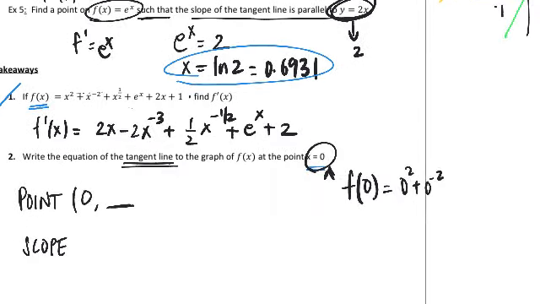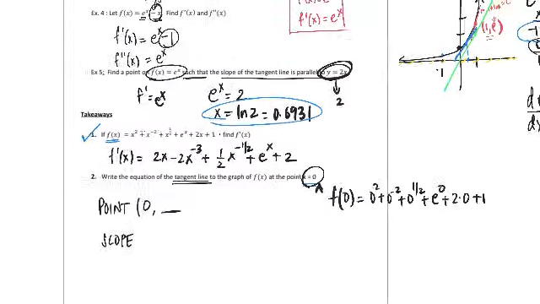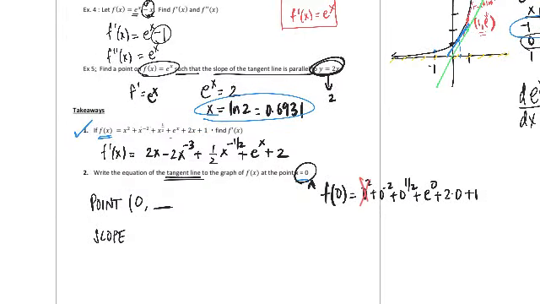I'm just writing this out so you see which ones go away and which ones don't. 0 to the half, e to the 0, 2 times 0 plus 1, right? So these guys go away. 0 squared, 0 to the negative 2, 0 to the half, 2 times 0. All that just goes away. And then e to the 0 is 1. 1 plus 1 is 2. So my y value is 2.